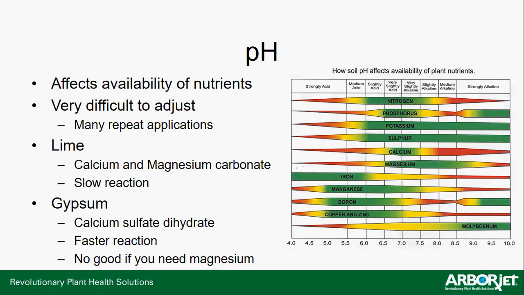It's a different formulation. It actually reacts a bit faster, breaks down a bit faster, so it works a bit sooner than calcitic and dolomitic limes do, but it's no good if your soil requires magnesium. So again, another reason to soil test.